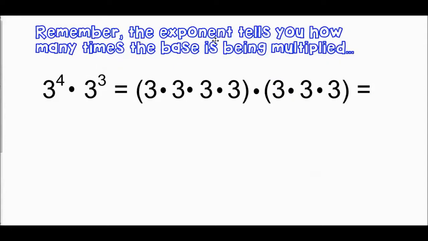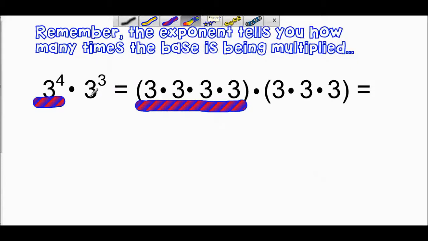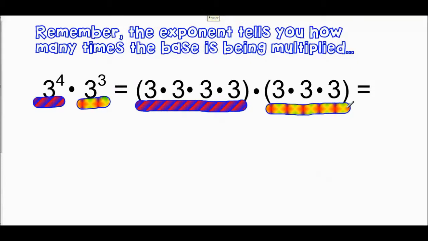So remember, the exponent, which in this case is 4 and 3, tells you how many times the base, which is the big 3, is being multiplied. So 3 to the 4th expanded out is 3 times 3 times 3 times 3. There are 4 3's being used right there, whereas 3 to the 3rd is going to be 3 times 3 times 3.